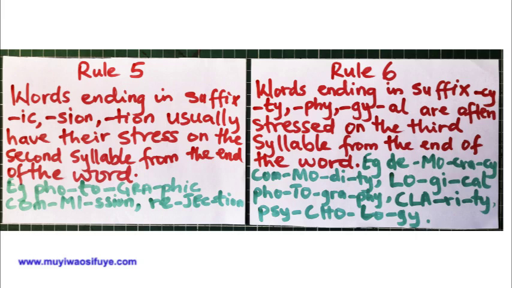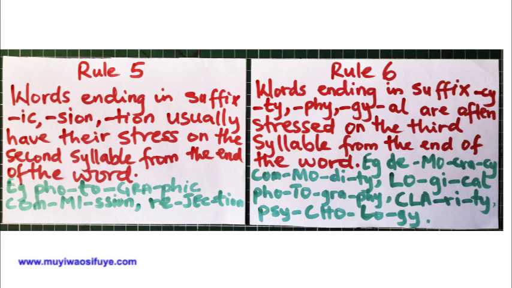And so the rule says when they end in suffix ty, phy, gy, and al, they are often stressed on the third syllable from the end of the word. So for democracy, if we count, cy is the first syllable from the back, cra is the second syllable, while mo is the third syllable from the back. And so it is the third syllable that is stressed. Same thing goes for commodity: 1, 2, 3, with mo.